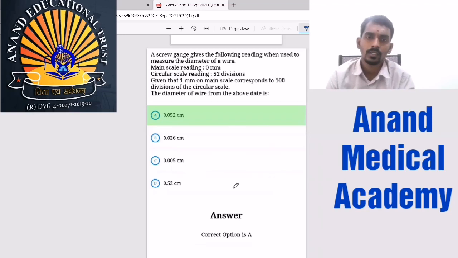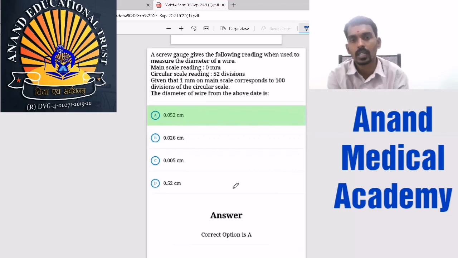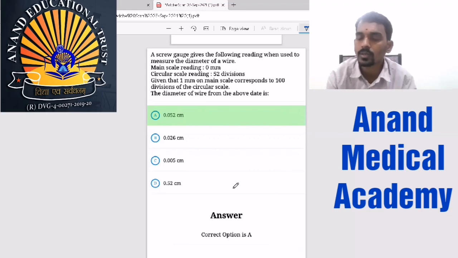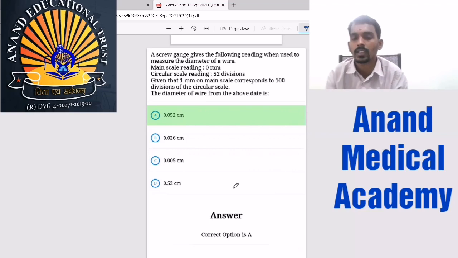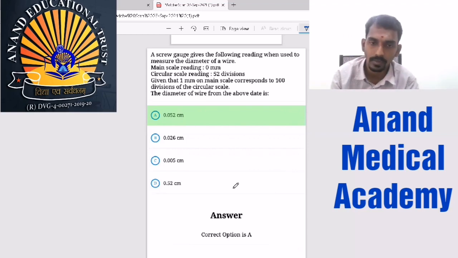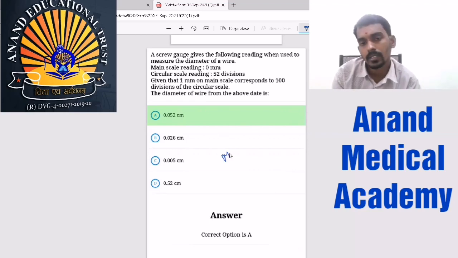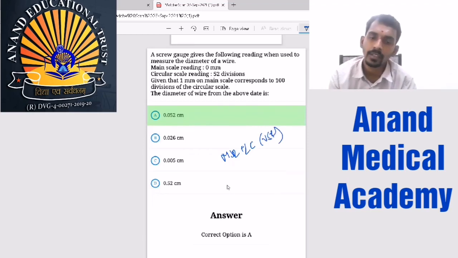Now, this is screw gauge. Most of the time, for screw gauge or vernier calipers, they'll ask what is the reading. Reading means main scale reading plus least count into circular scale reading or vernier scale reading. In case of vernier calipers, it is main scale reading plus least count into vernier scale reading.